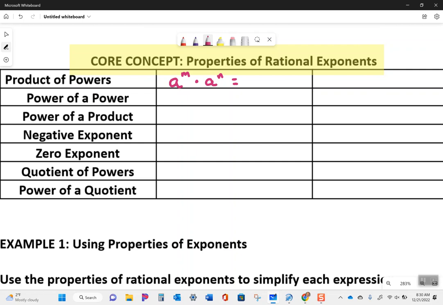This is going to become a to the m plus n power. So for an example, suppose I had 7 to the 6th power times 7 to the 2nd power right here. What would that equal? 7 to the 8th power. You guys know that. Okay, we've seen that before.